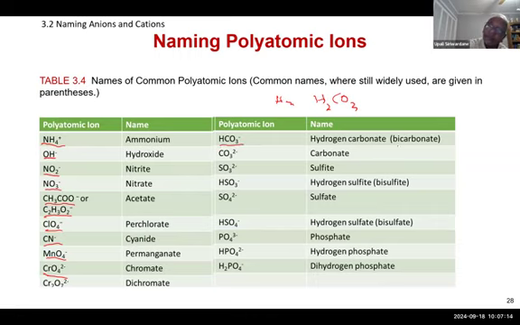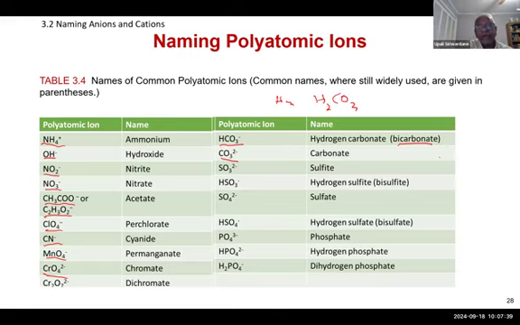That's a common name. Or its systematic name, systematic is normally following a rule, hydrogen carbonate. There's hydrogen here, carbonate. Carbonate ion is CO3 2 minus. That's coming from carbonic acid.